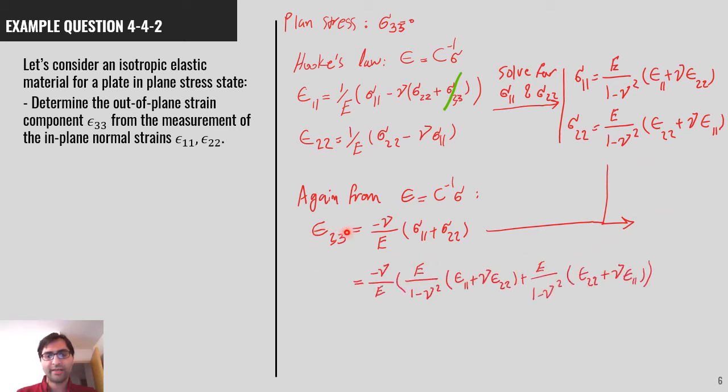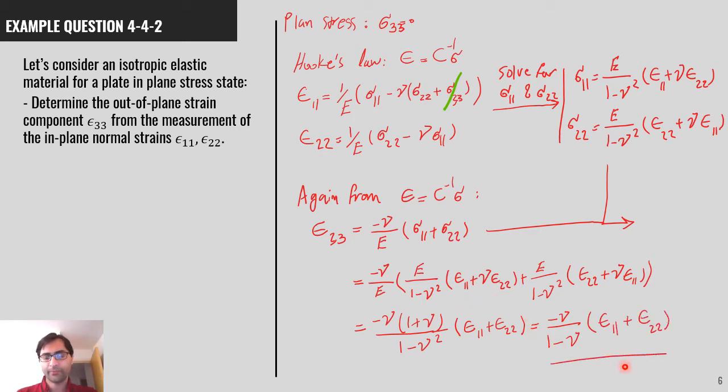So just replacing that in this relation, we can find epsilon 33 based on epsilon 11 and epsilon 22. Basically, the out of plane strain based on the in-plane normal strains. And here it is. The result is minus nu divided by 1 minus nu multiplied by epsilon 11 plus epsilon 22.